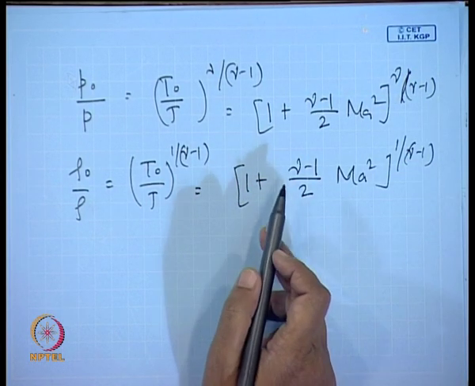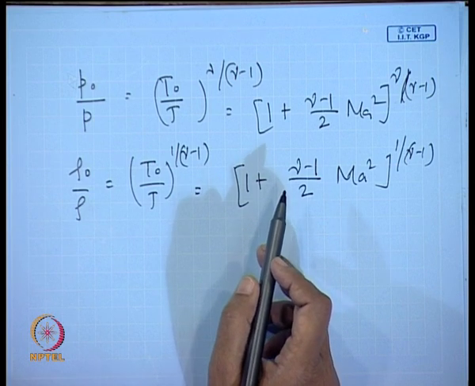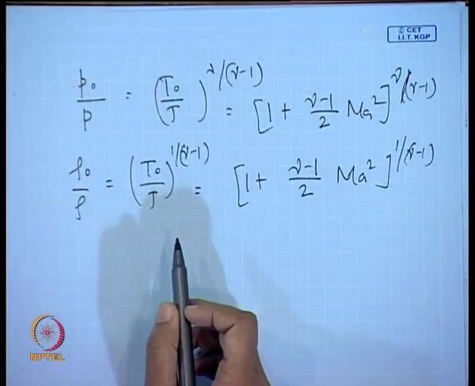So we find that we are able to relate all the local properties in terms of the stagnation properties. We had started with the first law of thermodynamics for open systems. We first considered adiabatic systems, and using that we could find expressions for H0 and T0.